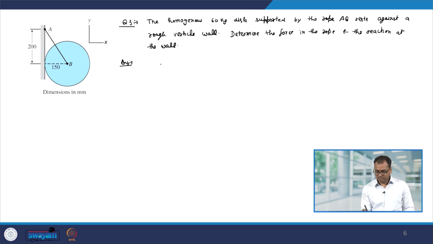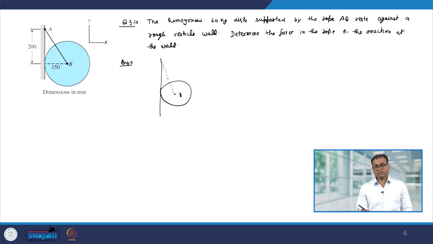the free body diagram. We have this wall, we have this disc and its center is B. It is kept in equilibrium by using a rope.